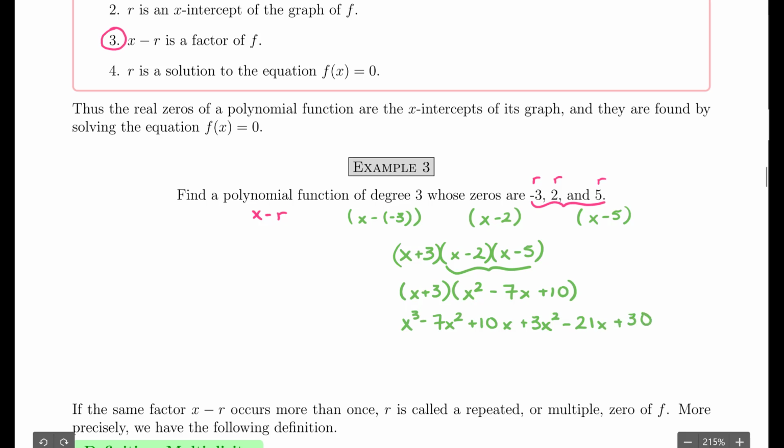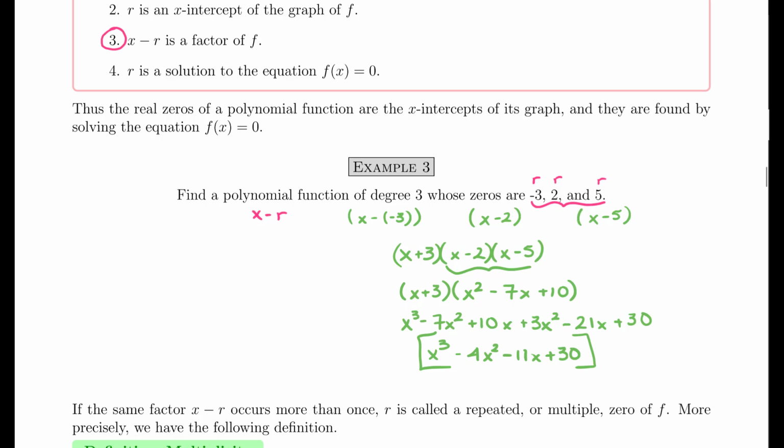And then clean it up by combining like terms. There is our polynomial of degree 3 who has the zeros -3, 2, and 5.